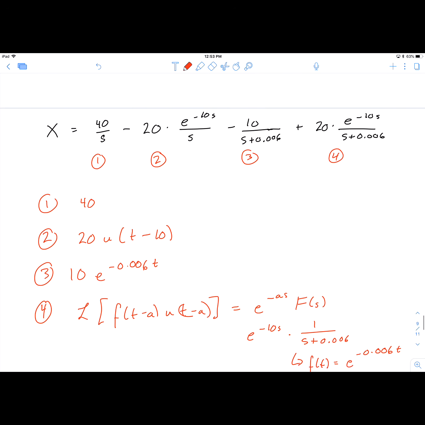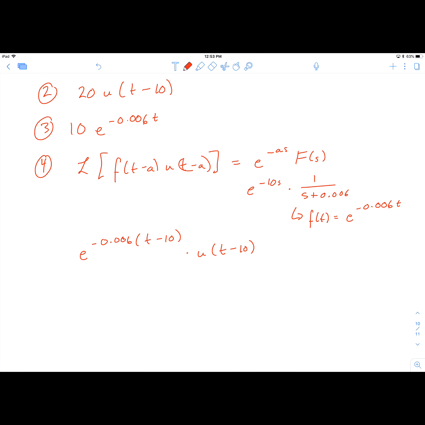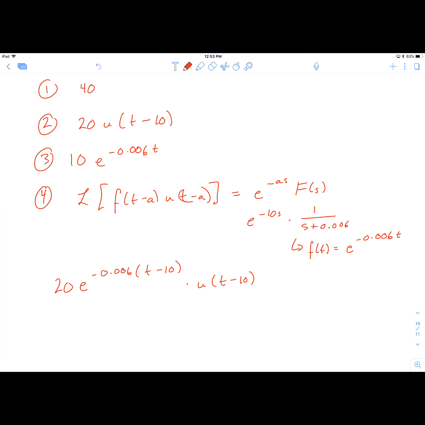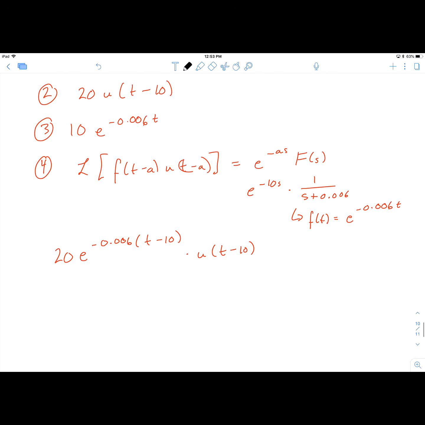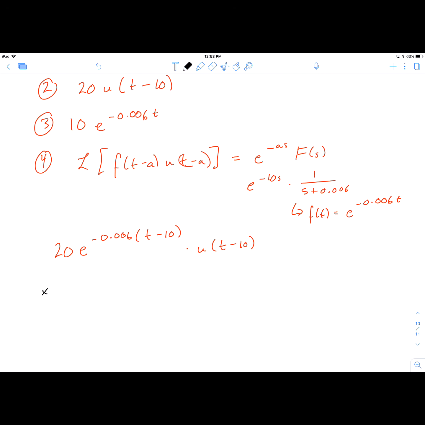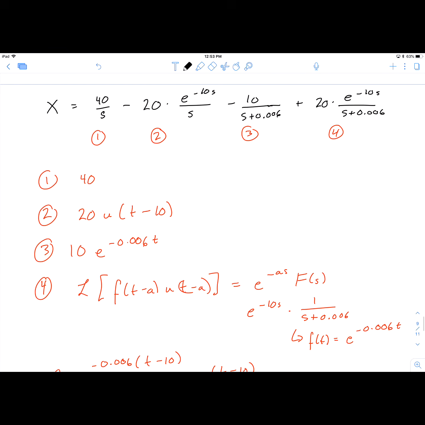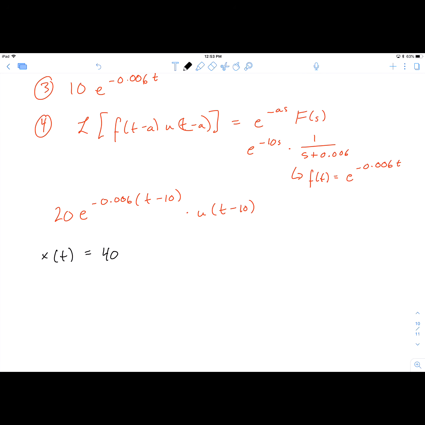All right, so putting it all together, I guess there's a 20 on that last one, isn't there? So I should put the 20 on here just to be consistent. But then putting it all together, we have x of t equals the first term, which was 40. Then we had minus 20 times the unit step function, t minus 10.